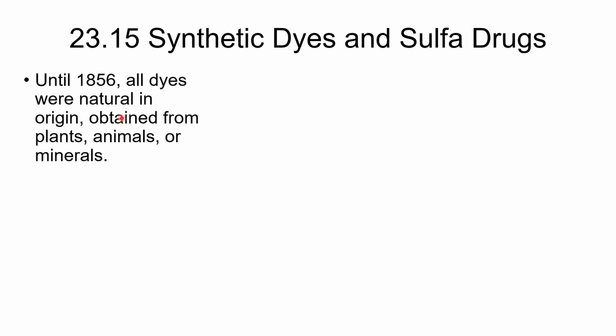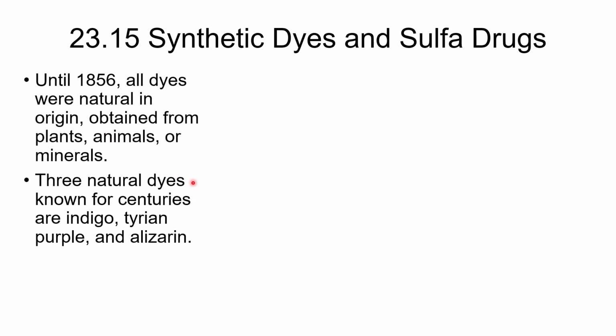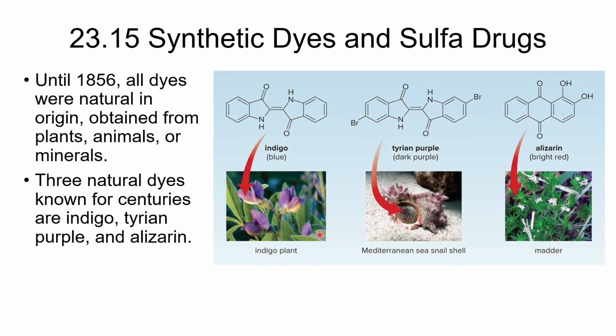They were things that were isolated from either plants or animals or minerals. Some of those plants and animals were actually kind of rare, and so isolating them would not have been a trivial thing to do, and in some cases might have endangered some of those species.